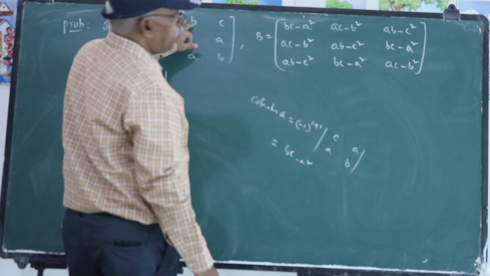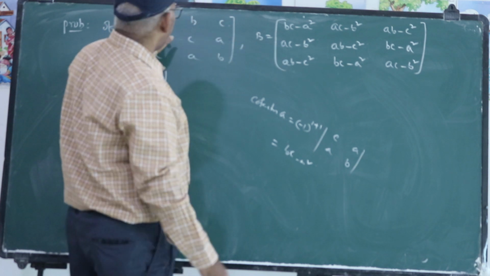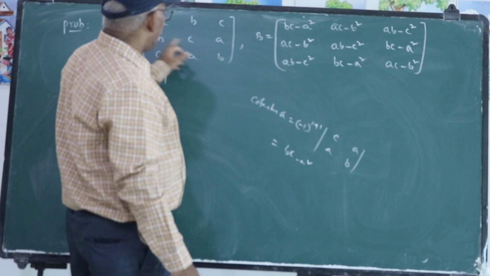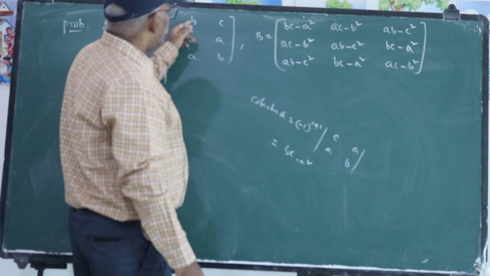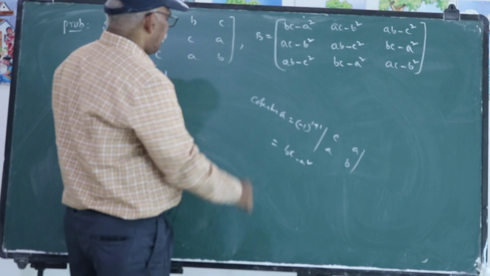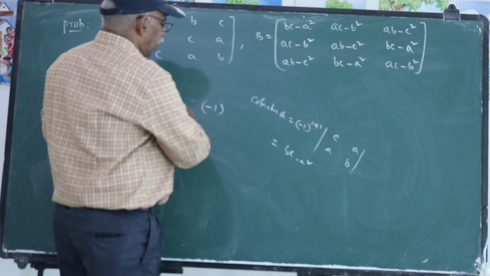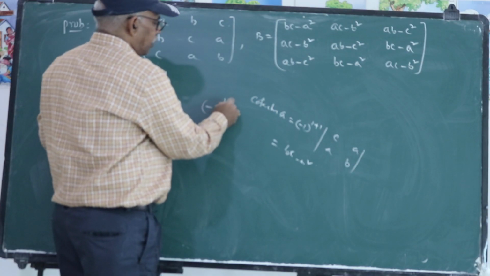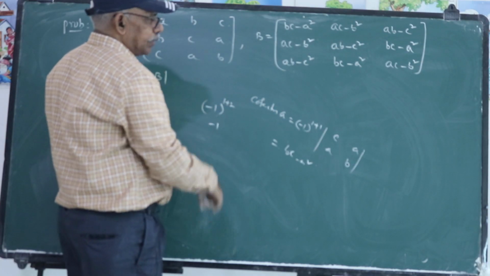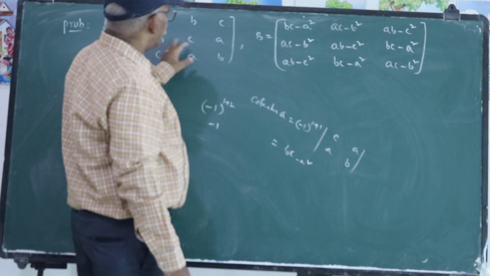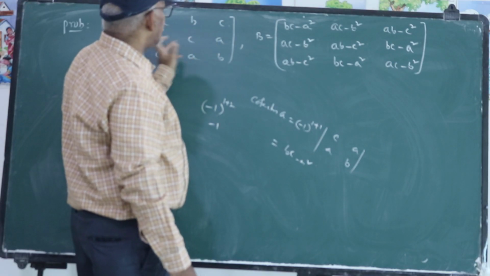Similarly, the cofactor of B is in this position, because eliminating this row and column, we get B square minus AC. Once you take the cofactor with minus 1 whole power 1 plus 2, that's why we get a minus here. So we get AC minus B square.